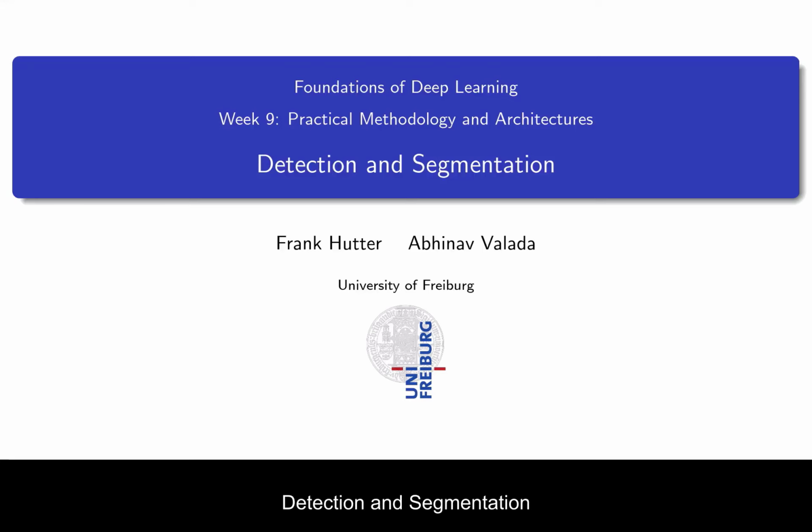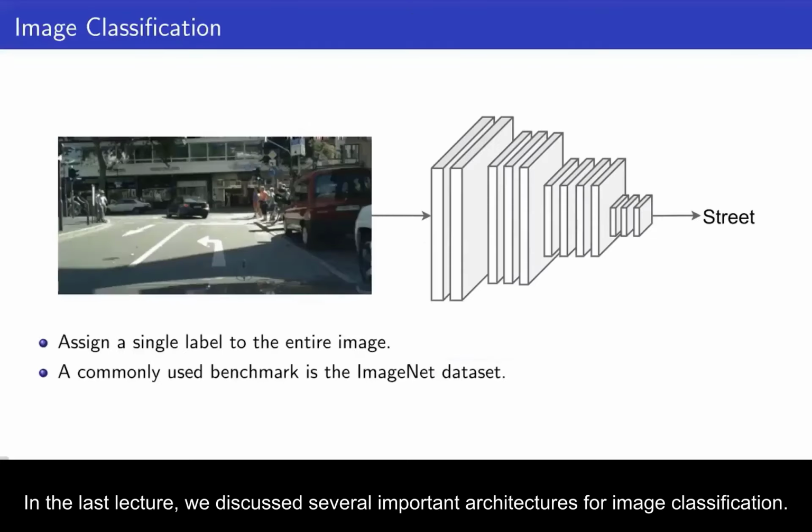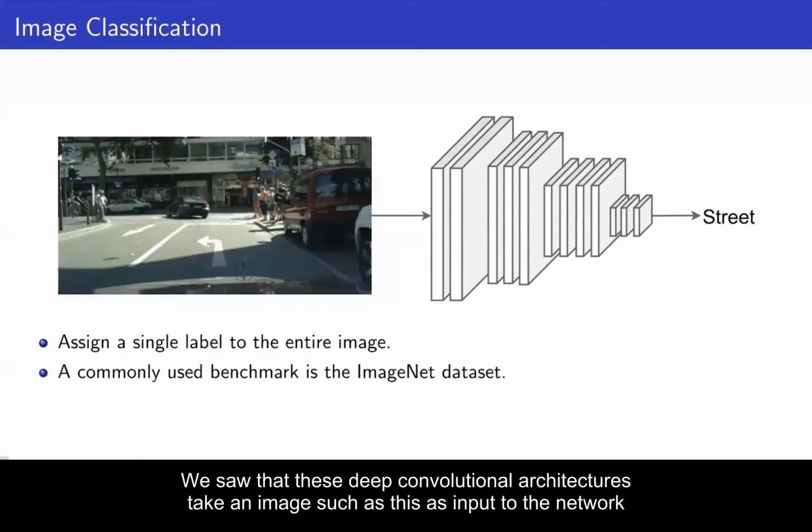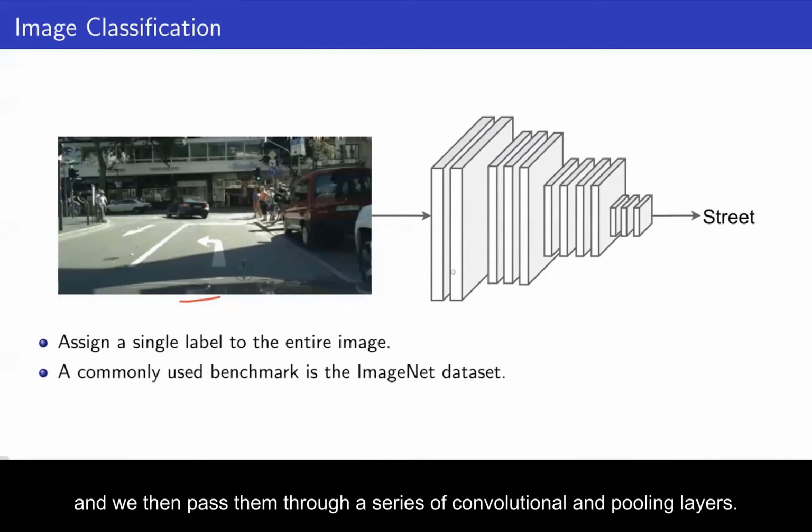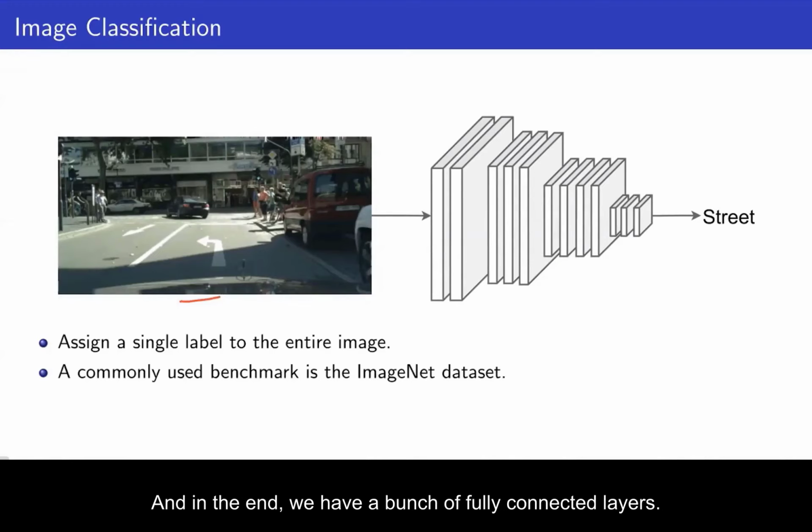Detection and segmentation. In the last lecture, we discussed several important architectures for image classification. We saw that these deep convolutional architectures take an image such as this as input to the network, and we then pass it through a series of convolutional and pooling layers. And in the end, we have a bunch of fully connected layers.